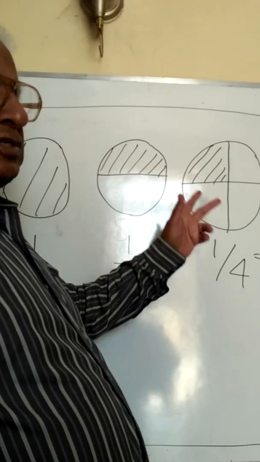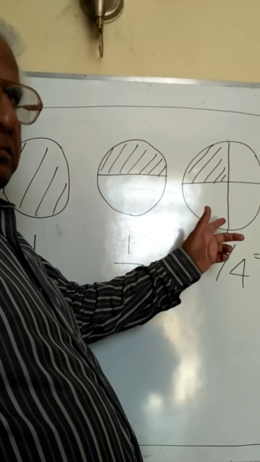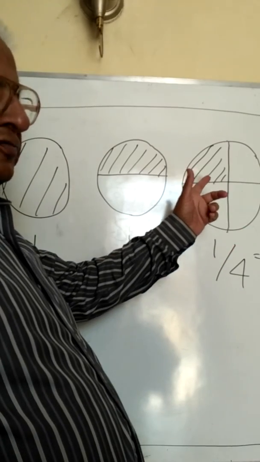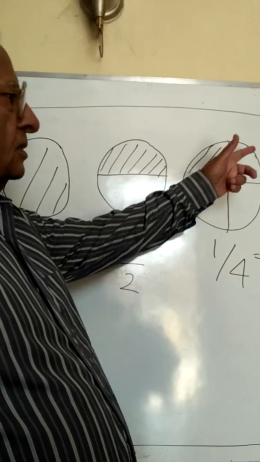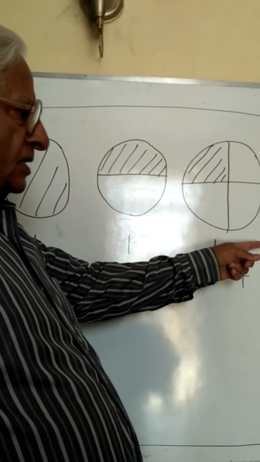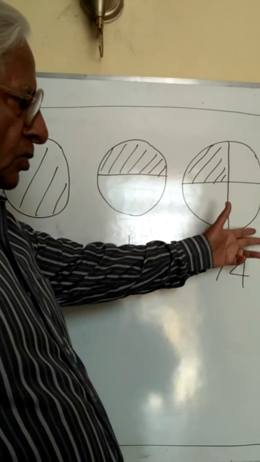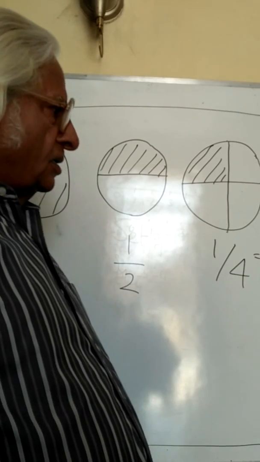This shaded portion is 1 by 4, which is a fraction. It is a part of the whole and it is 1/4 part. This is 1 and this is 1/4 part. This is numerator, this is denominator. This is a bar. It also means 1 divided by 4.